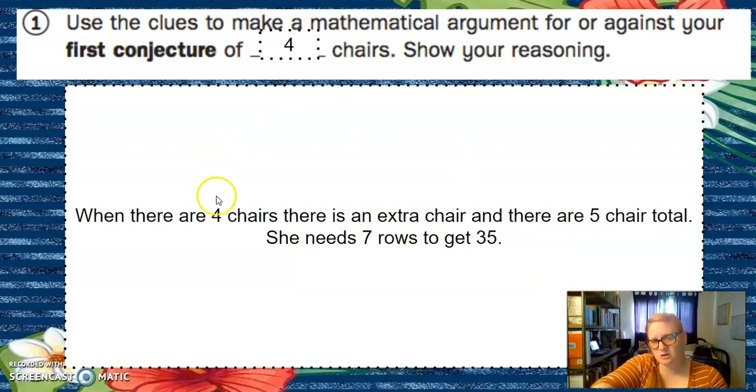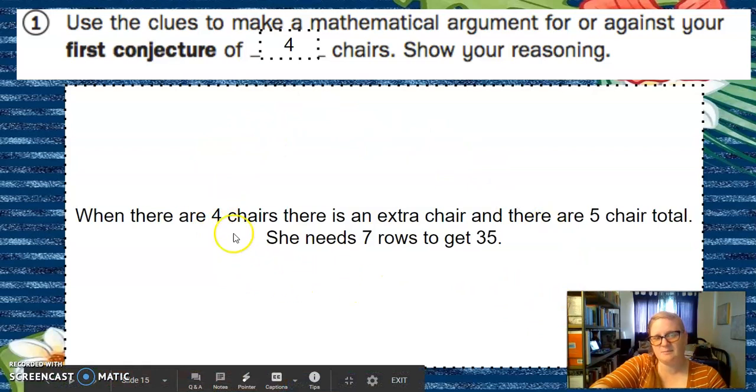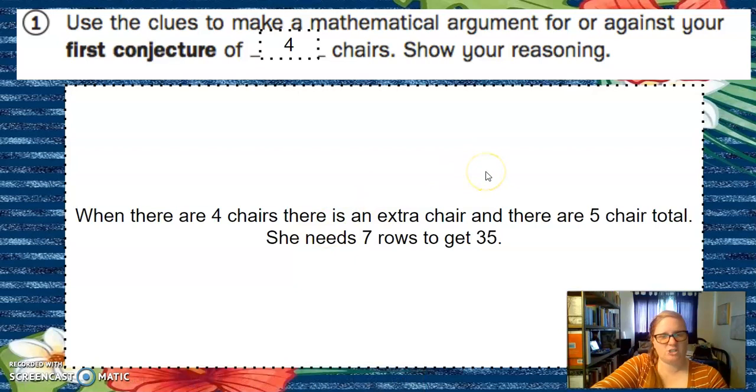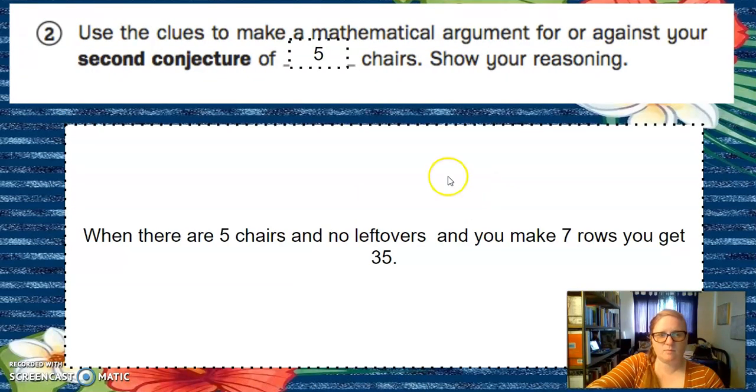So I'm not really sure what they were thinking when it came to these 4 chairs. Not sure. So when there are 5 chairs, no leftovers, and you make 7 rows, you get 35. Oh, okay, now I understand.